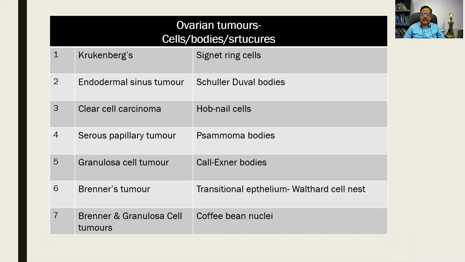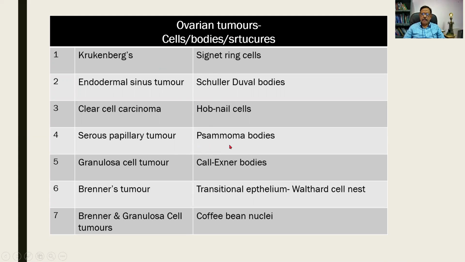This is again an important slide which I picked up and improved upon for the cells, bodies, and structures in ovarian tumors. You people know the significance of it. In Krukenberg's tumor, we can find signet ring cells. In endodermal sinus tumor, the Schiller-Duval bodies. Clear cell carcinoma, hobnail pattern of cells.